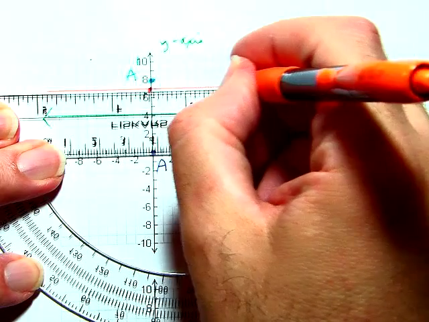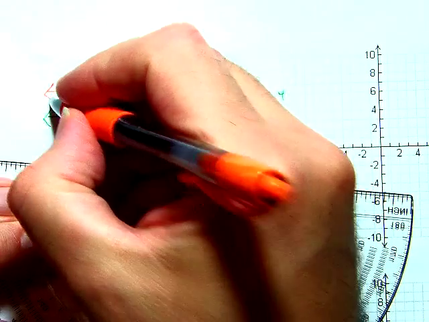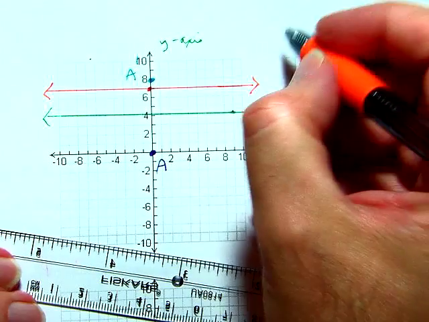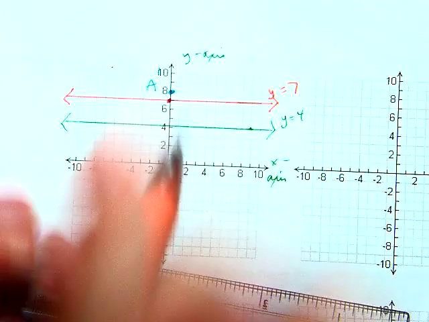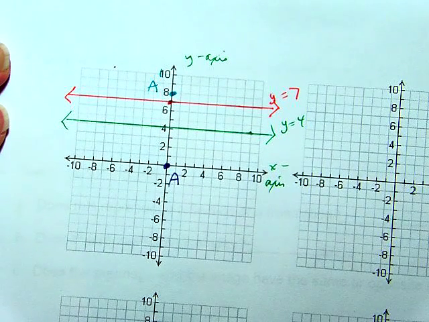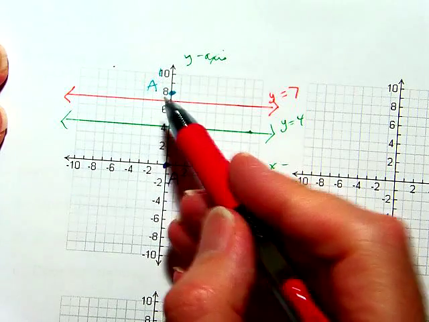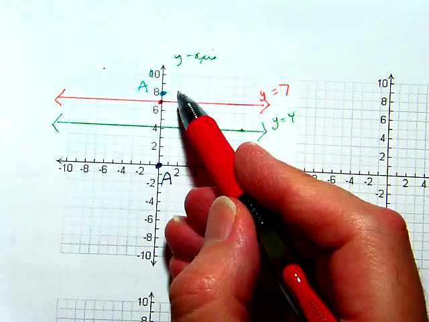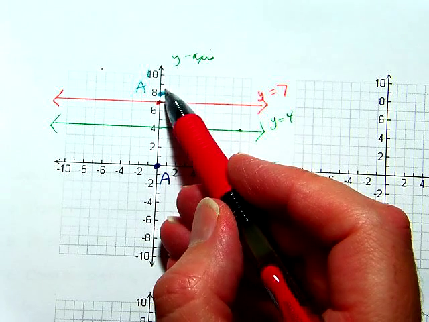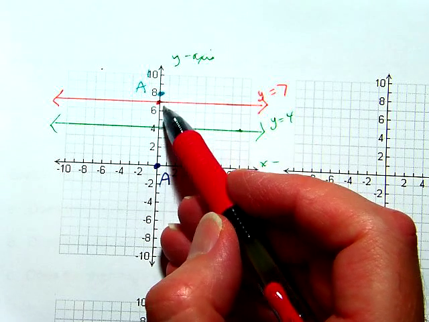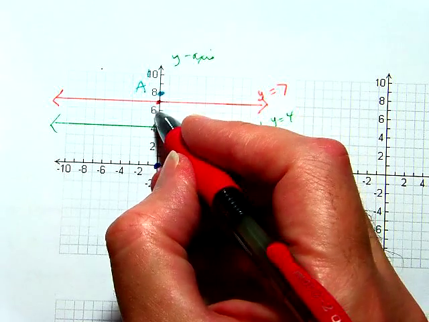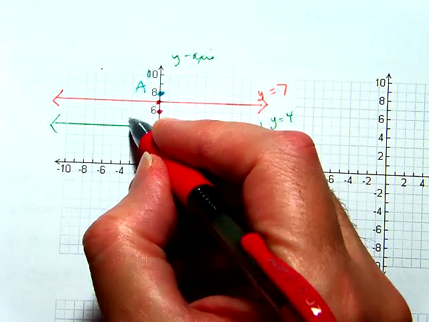That would give us this line. Now let's reflect A prime over y equals 7. A prime is 1 above y equals 7, so its reflection is going to be 1 below y equals 7. This is our final point, A double prime.